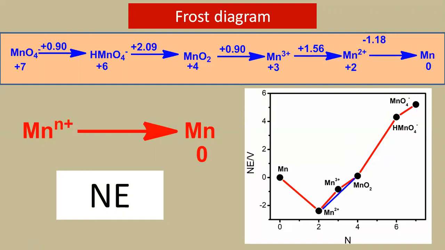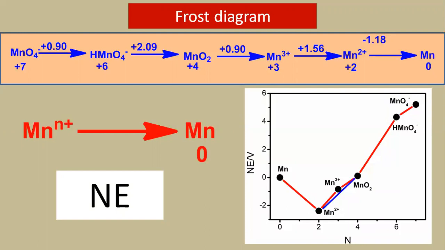This is very important for knowing the stability of the different oxidation states, and the Frost diagram does it in a moment. Once you know the diagram, you are done with many things you can determine.